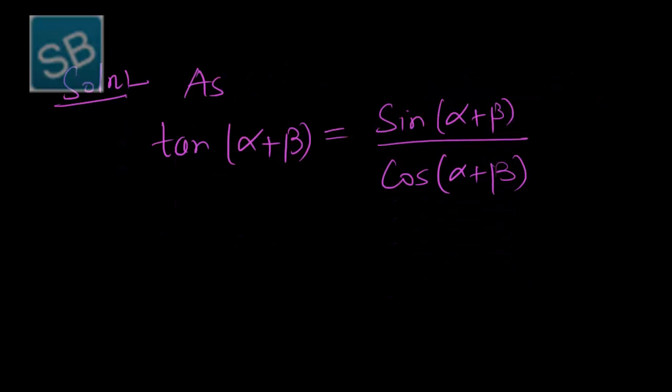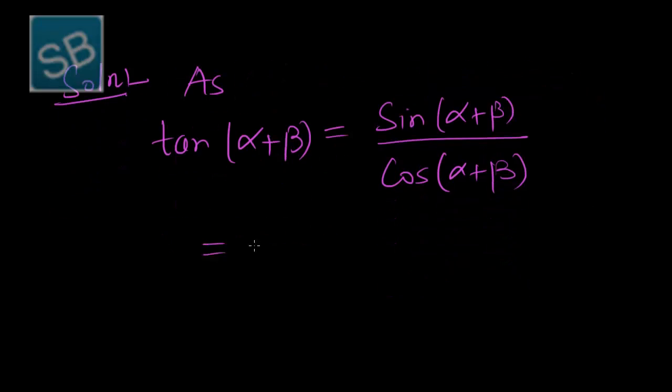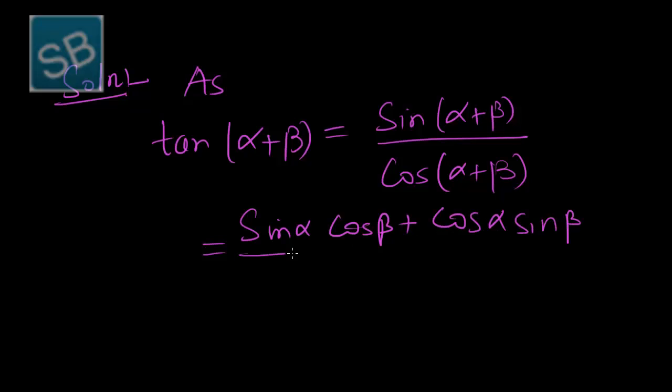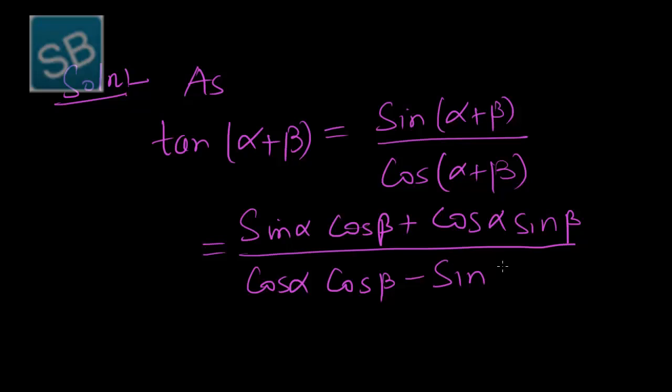So by opening the formula of sine(a plus b), that is alpha plus beta, it becomes (sine alpha cos beta plus cos alpha sine beta) over (cos alpha cos beta minus sine alpha sine beta).